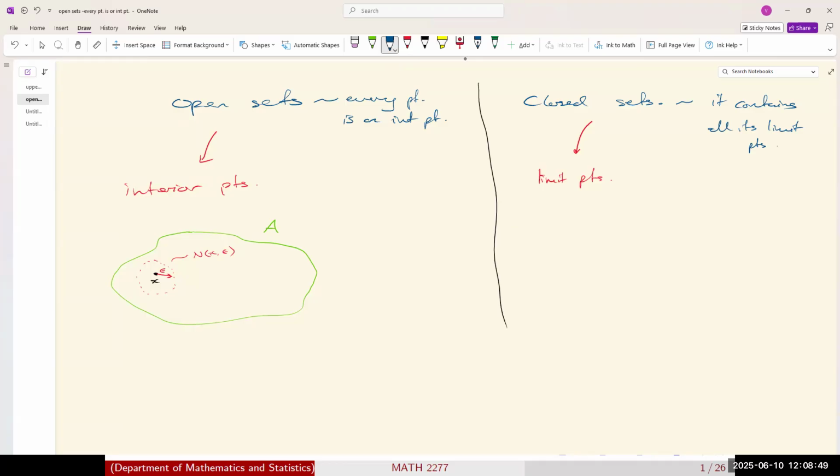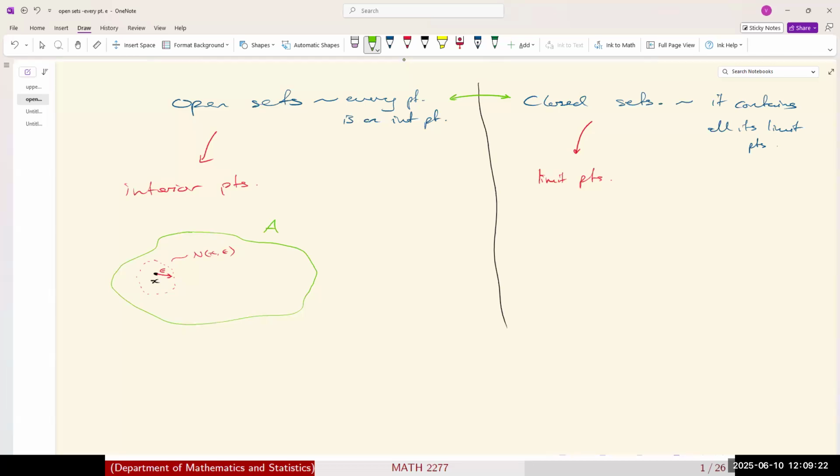It turns out that you could actually define what a closed set is using open sets. We know what an open set is, and we're going to now define the closed sets using the open sets. Once you know what the open sets are, that allows you to talk about which sets are also closed.